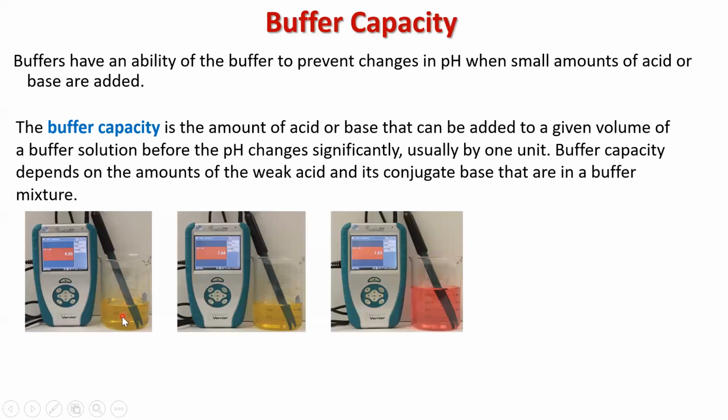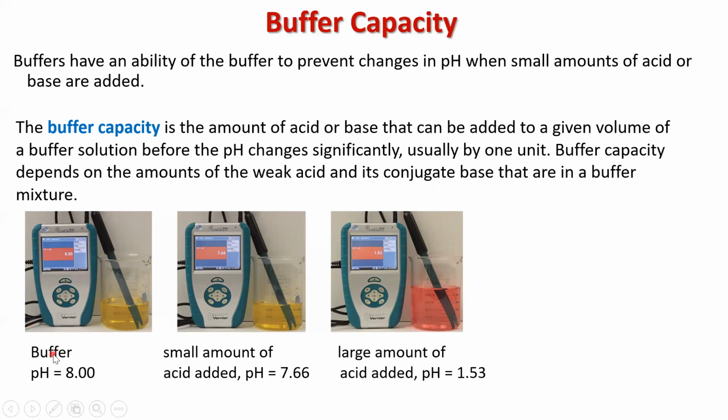So here we have a solution, okay, and it's got a pH of 8, and it's a buffer solution. And we add a little bit of acid to it, and the pH goes down a little bit. But the buffer resisted the change in pH because we were within the limits of the buffer. We were within the buffer capacity.